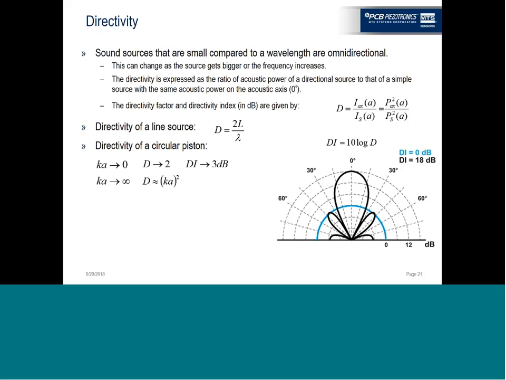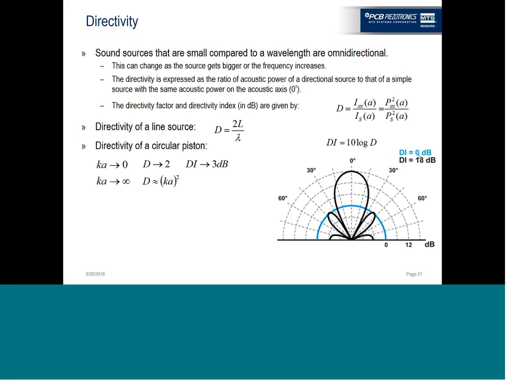If you have a line source, it's got a fairly big directivity factor in one direction, but the rest of the directions are pretty much the same. Or a sphere. A spherical source actually has 0 directivity factor, because no matter which side of the sphere you're measuring on, everywhere you stand, the sound pressure level is the same.